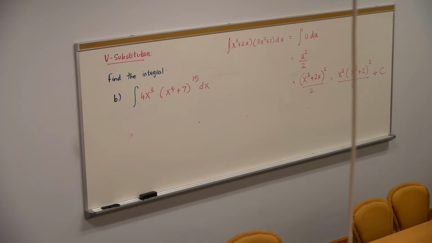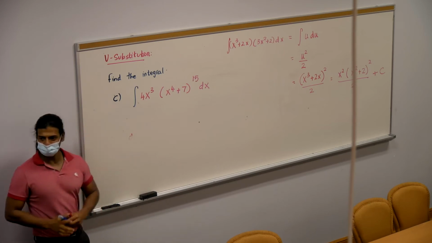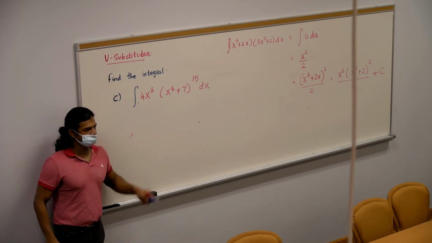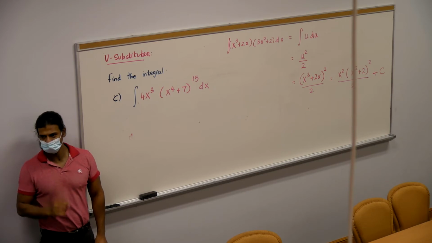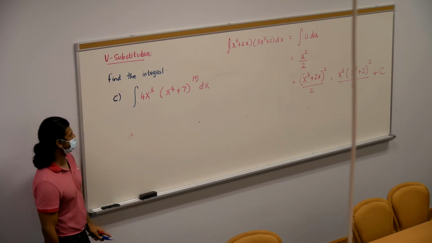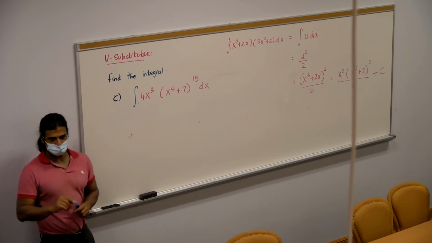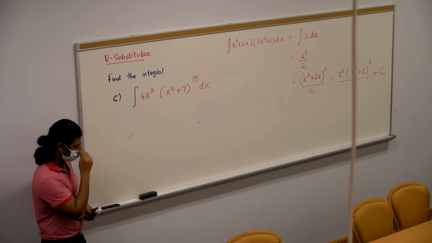Of course, as always, like the last two problems, A and B, I could FOIL, but do you really want to sit and FOIL x raised 4 plus 7 raised 15? No. Absolutely not. It's a waste of time. So this is a type of problem where U-substitution will play a crucial role.